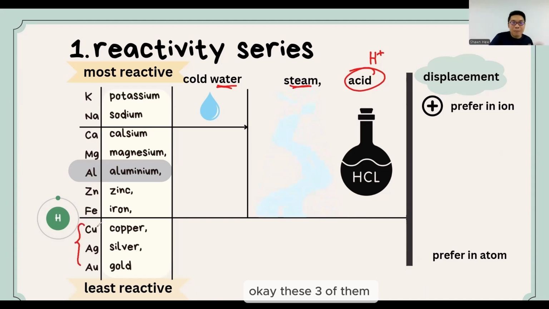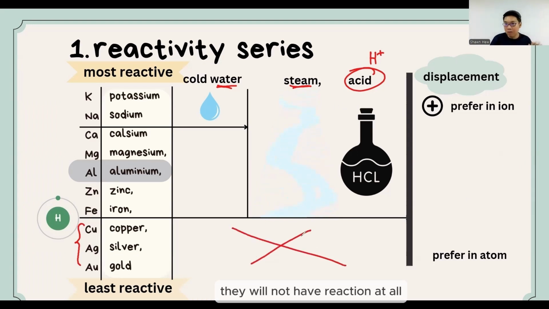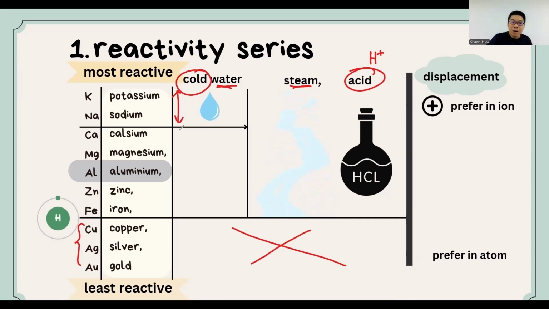Okay, these three of them, copper, silver, and gold, they are below the hydrogen. So no matter if it's water, steam, or acid, they will not have reaction at all. And then for cold water, because the temperature is very low, only the very reactive group 1 metals can react vigorously. All of these, they will react, but will react slowly.